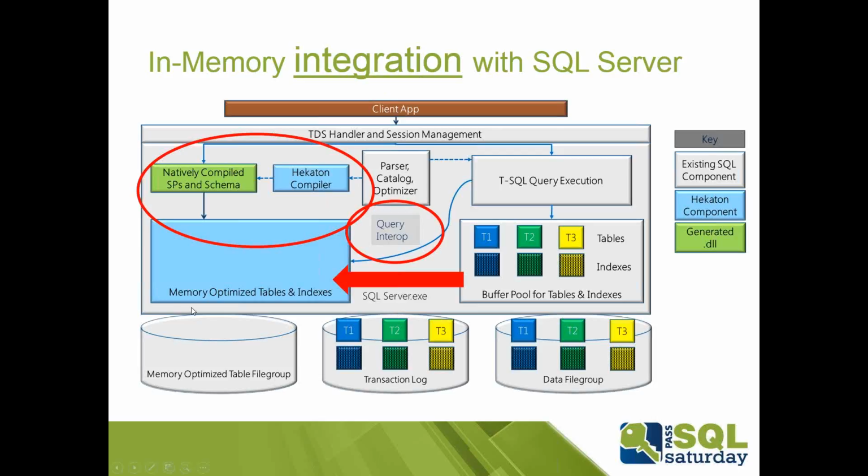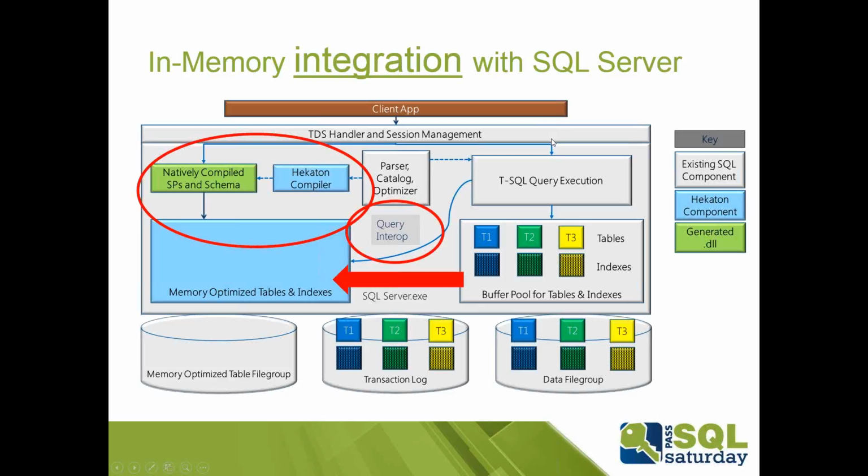We have everything that's memory optimized to the left, and the old SQL Server table versions with the buffer pool and stuff like that, the database file groups on the right side of it. The blue part here represents the memory optimized tables and indexes. The green up here is the natively compiled stored procedures and schemas.